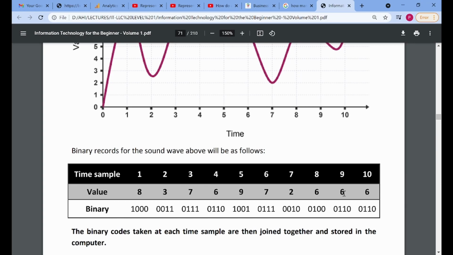Have you heard of milliseconds? How many milliseconds will give you 1 second? Okay. 1,000 milliseconds is 1 second. Now let me make it more realistic for you.